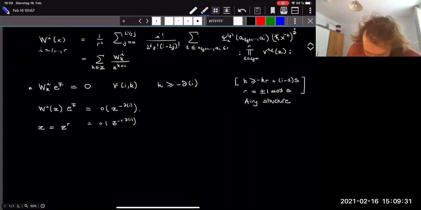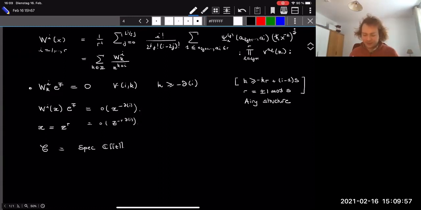So now we are saying that something here, in the variable z or x, can be meromorphic. There cannot be very negative powers of z. It just stops somewhere. So it means that some object is meromorphic on the curve, which is C, which is simply Spec of C[z].